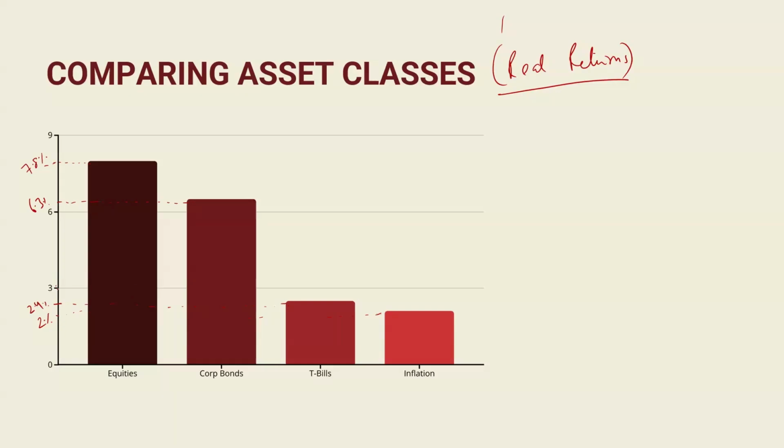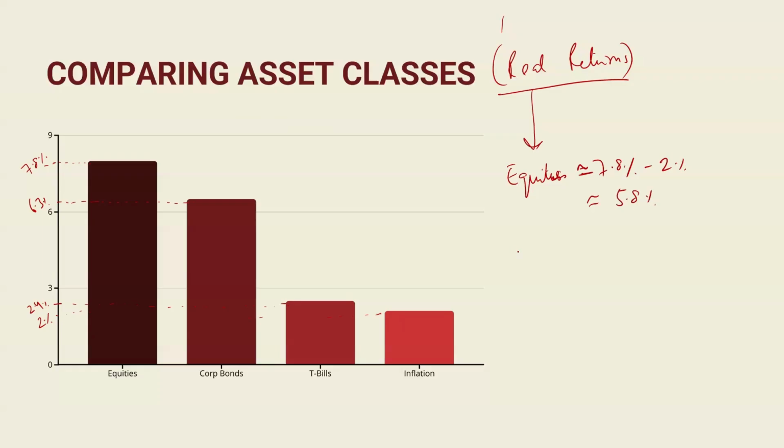Now, if you compare the real returns, for equities, what is the real return? Approximately, I'm not asking you to calculate exact, just subtract the nominal returns minus inflation. I just want the approximate number. So 7.8% minus 2%, which is approximately 5.8%.